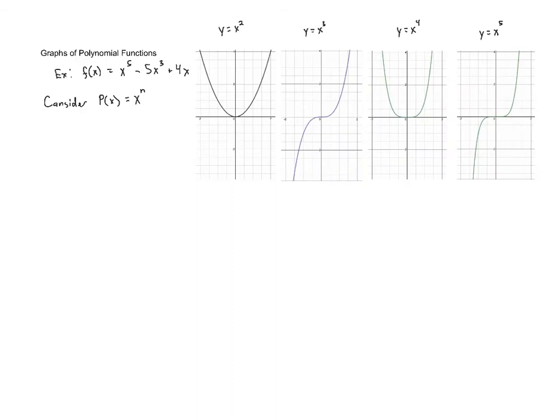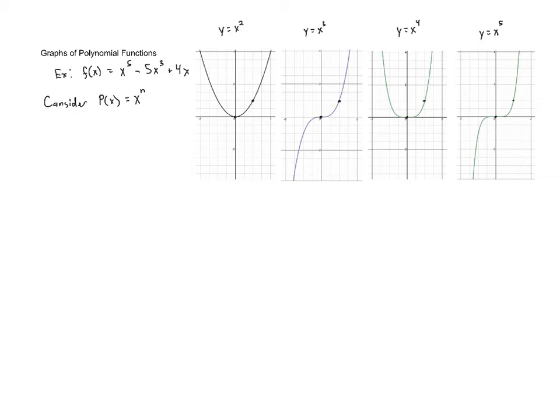And here we have the graphs of y equals x squared, y equals x cubed, y equals x to the 4th, and y equals x to the 5th. I want to talk about similarities and differences here. One similarity is that all of these graphs contain the origin as a point, and another similarity is all of them contain the point 1, 1.